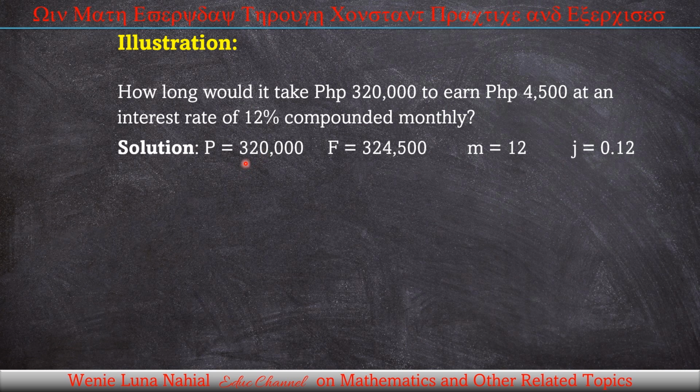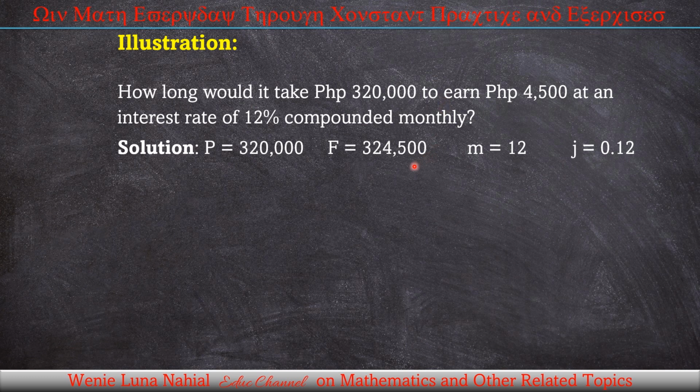So we see that the present value is 320,000 and the compounded value or the future amount is 324,500, because this 320,000 earns 4,500.